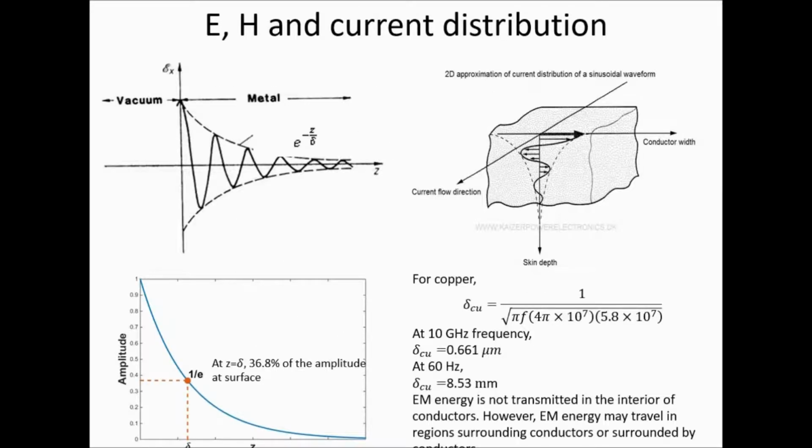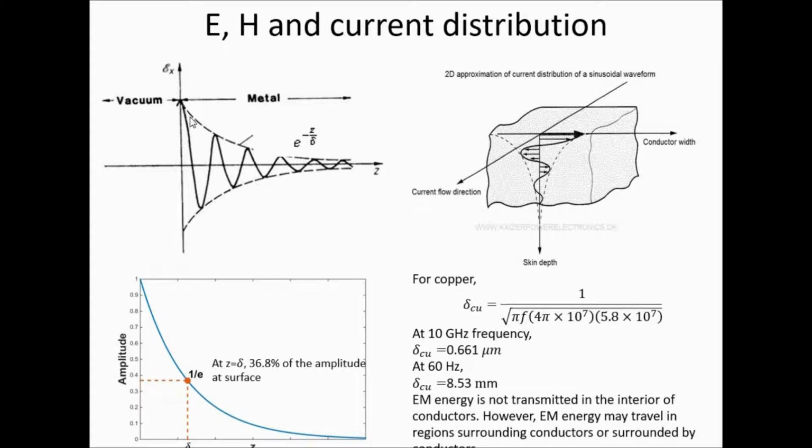On this slide you can see the electric field, magnetic field and current distribution in a conducting region. In the figure you can see that if the electromagnetic wave is incident from vacuum, free space or air onto a metal, it will get attenuated, and the magnitude will decrease.